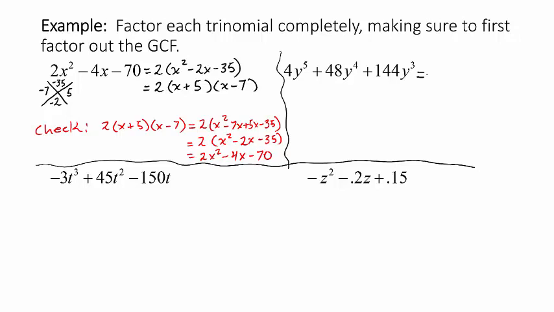Does 4 divide 48? It does, right? 4 times 12 is 48, okay? And does 4 divide 144? Does 4 go into 144 evenly? It does. If you need a calculator to do that, you can go to it.